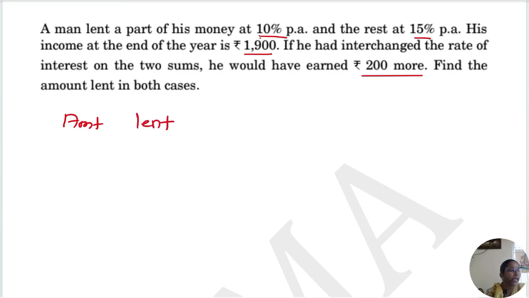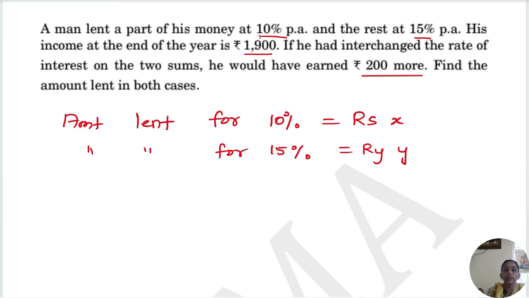So amount lent at 10% per annum is rupees x. Now amount lent at 15% is rupees y. So now based on the condition, here it is 10%.